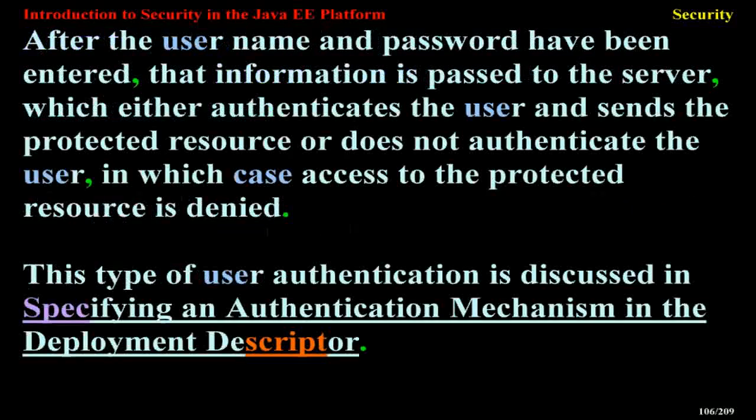After the username and password have been entered, that information is passed to the server, which either authenticates the user and sends the protected resource, or does not authenticate the user, in which case access to the protected resource is denied. This type of user authentication is discussed in Specifying an Authentication Mechanism in the Deployment Descriptor.